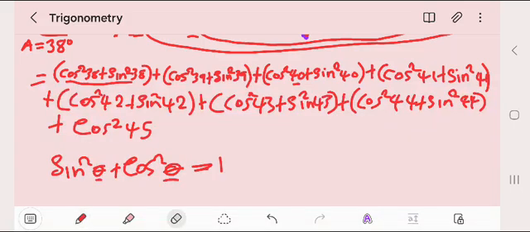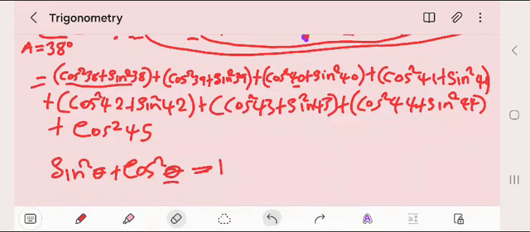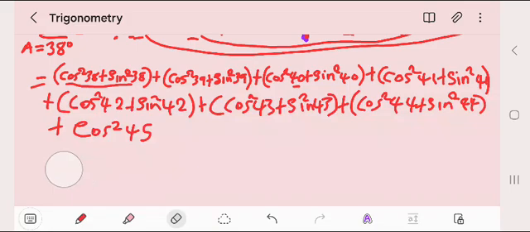So ladies and gentlemen, this is 1. Here we'll have 1. Here we'll have 1. You'll have 1. All throughout you'll have 1, 1, 1, 1.